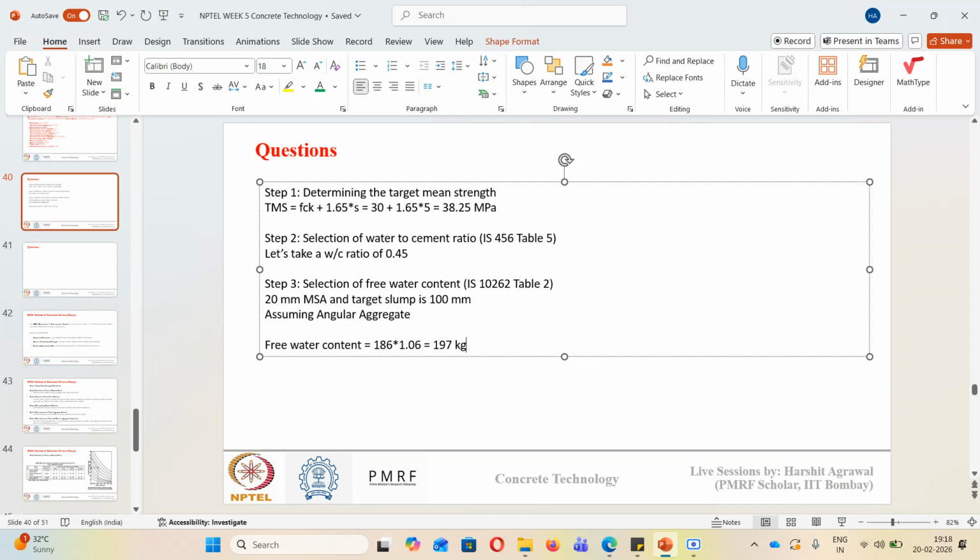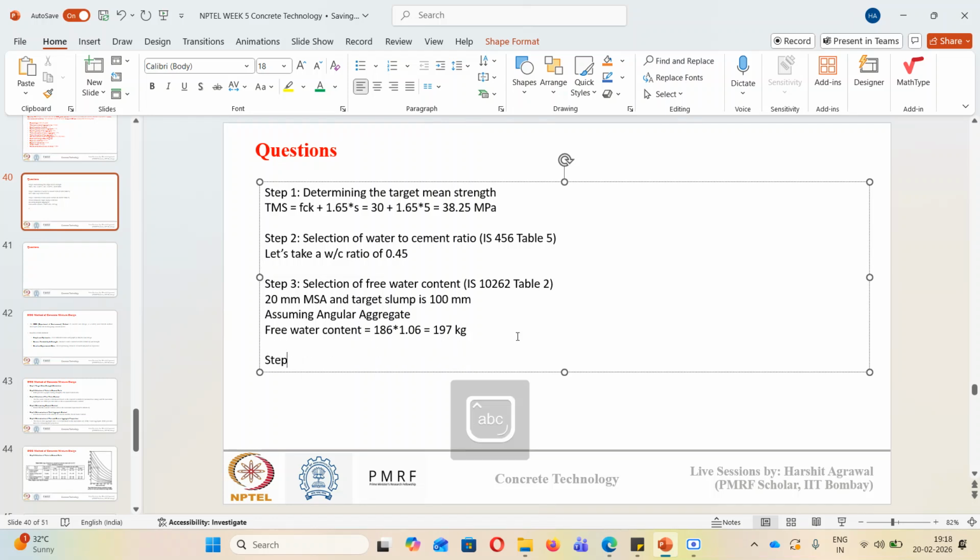Suppose you are adding 0.5% SP, then accordingly you can decrease the water content by 5 to 10%, and then repeat the design. So we have determined the free water content. Now step 4 is estimation of cement content.